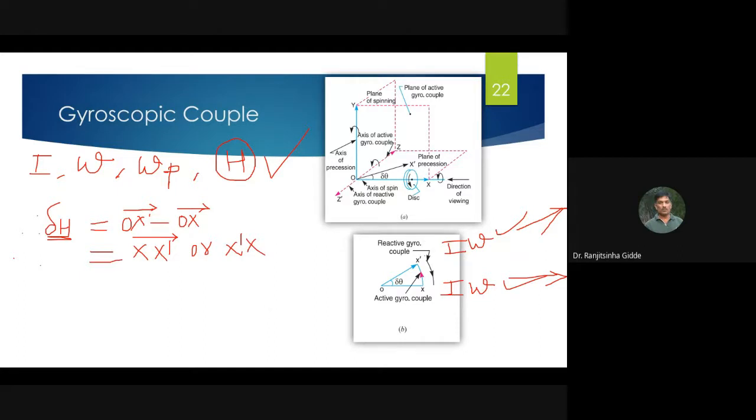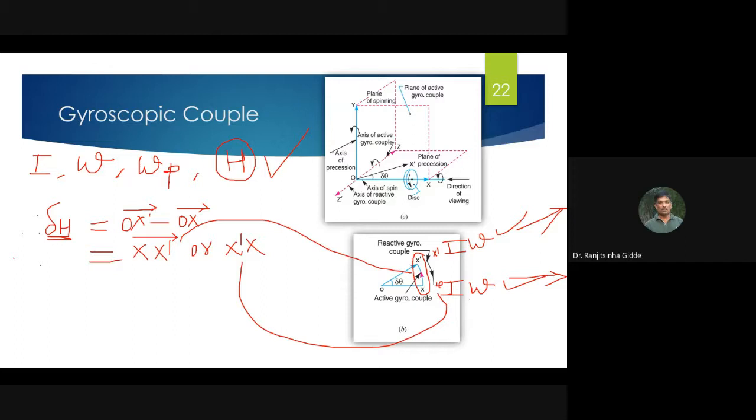Right. So we have shown this arc, as well as this is also true, x prime x, and this is x prime.